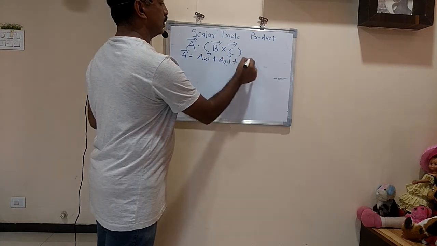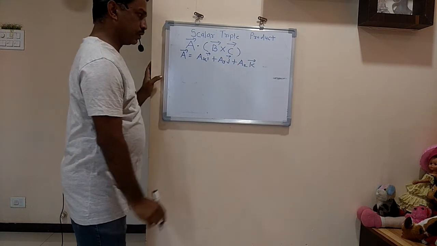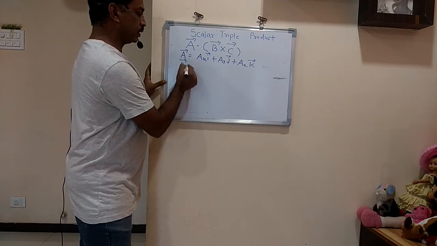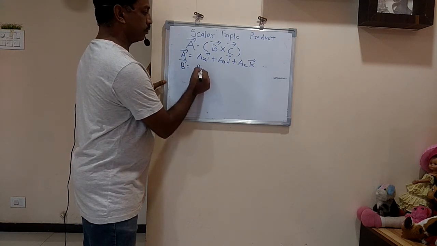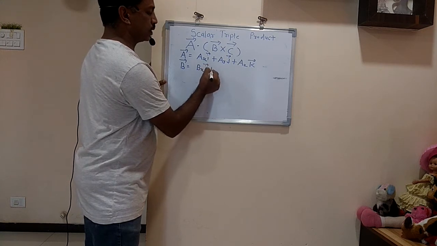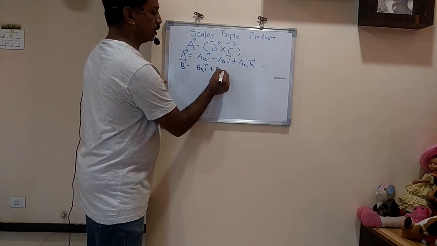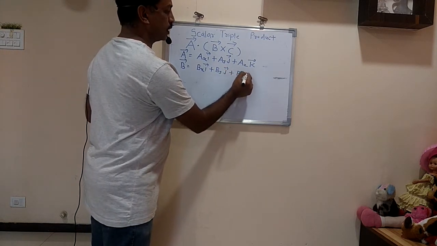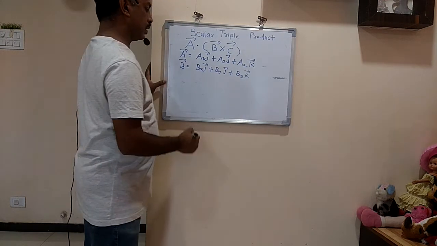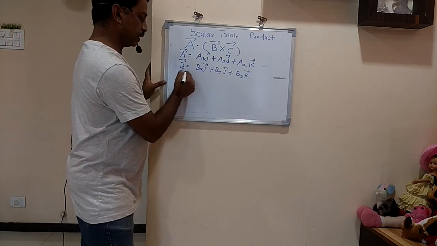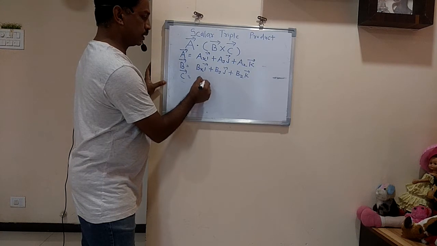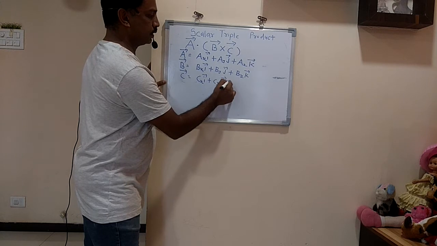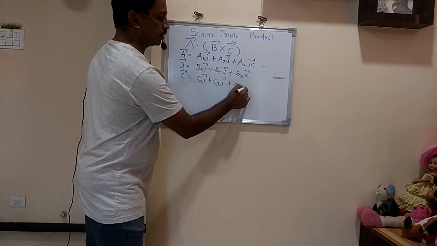So here we have one vector, vector A. In the same way, vector B equals bx i plus by j plus bz k, and the third vector, vector C, we can write as cx i plus cy j plus cz k.